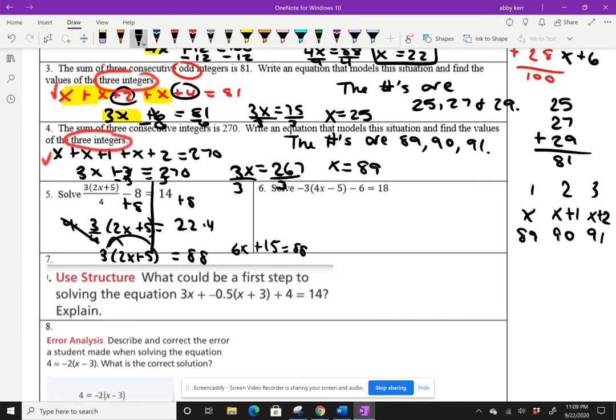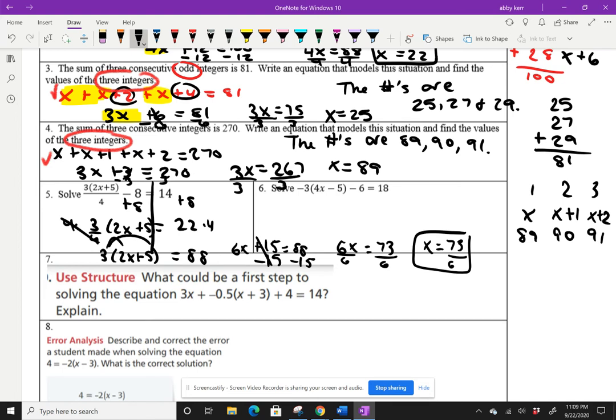88 minus 15 gets you 73. So you have 6x equals 73, divided by 6. So that is the answer. It's just 73 divided by 6. I'm going to keep it as a fraction.